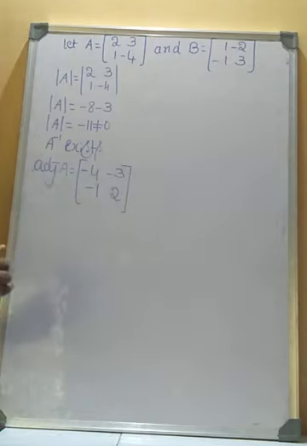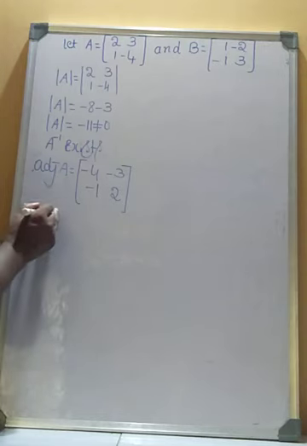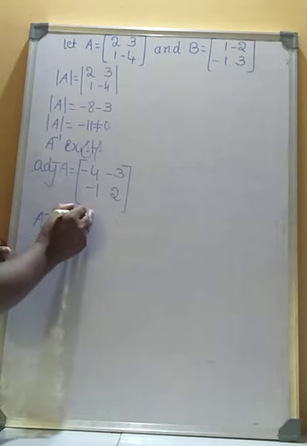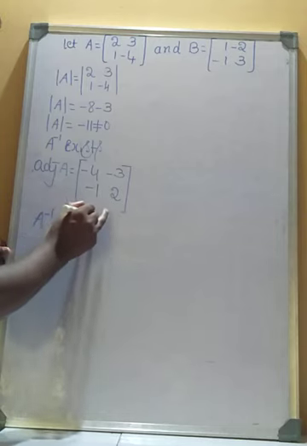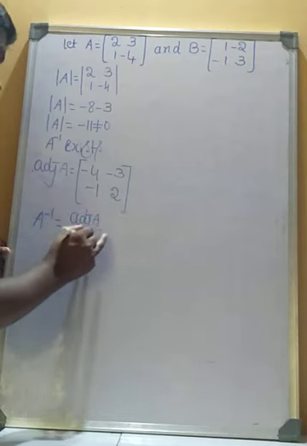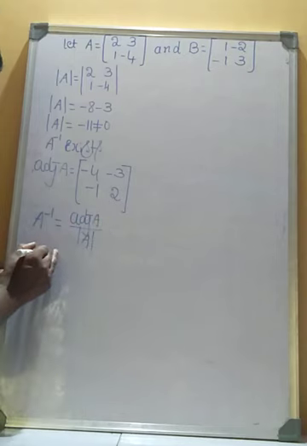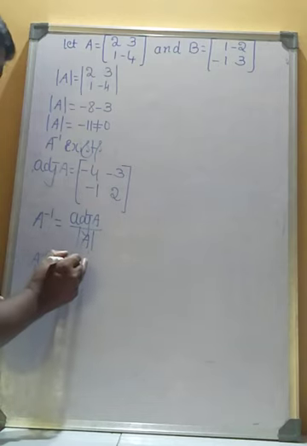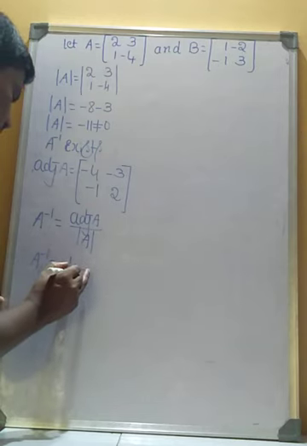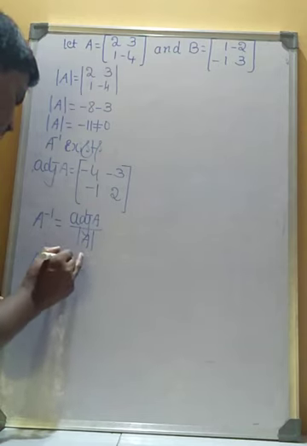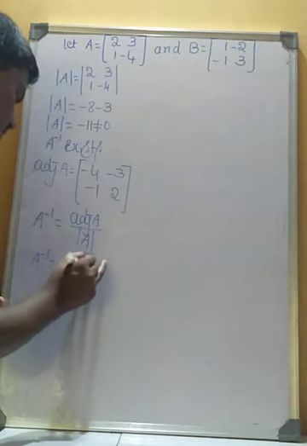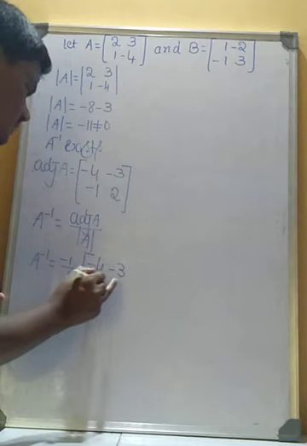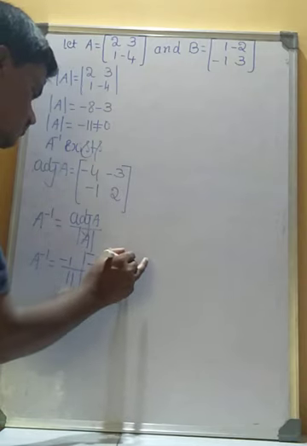Then A inverse is equal to adjoint A divided by determinant of A. Therefore, A inverse is equal to minus 1 by 11 into [-4, -3; -1, 2].